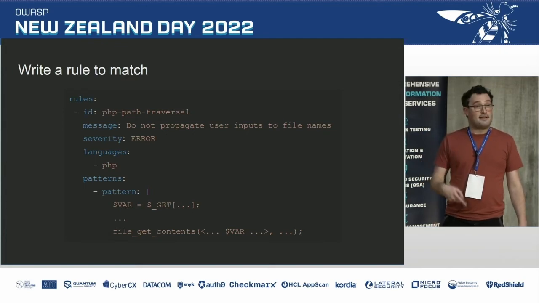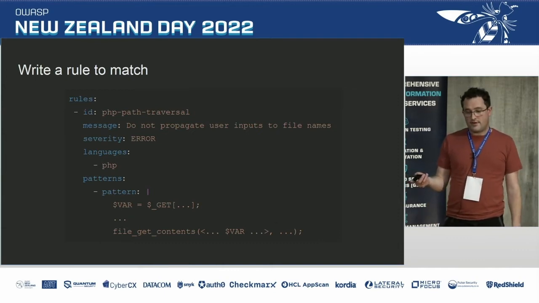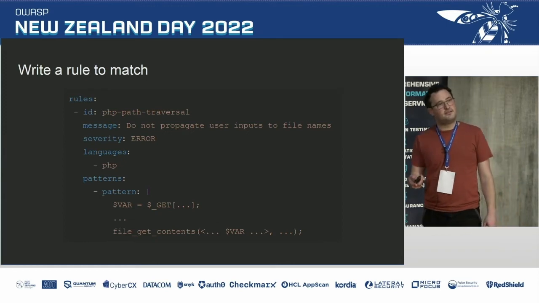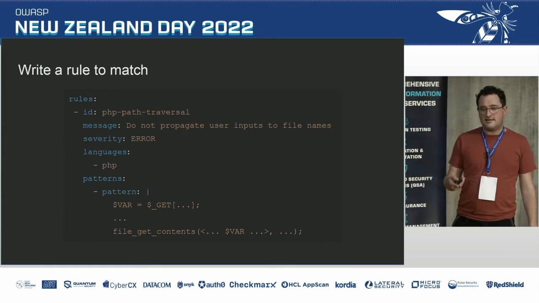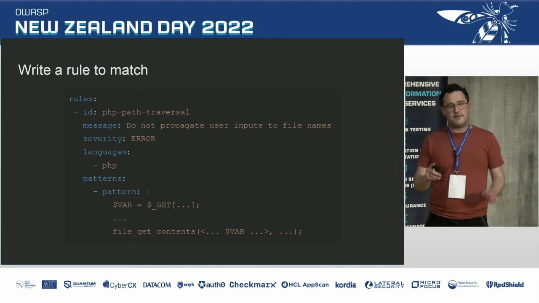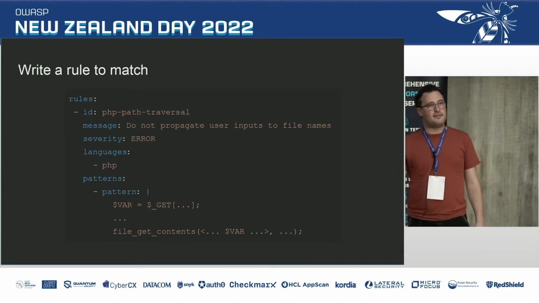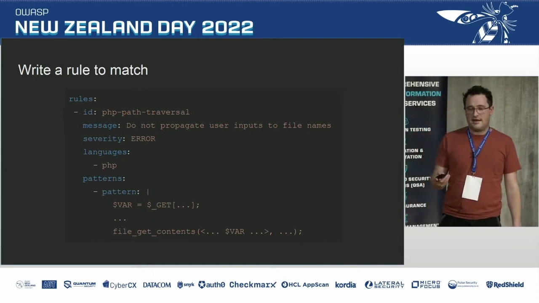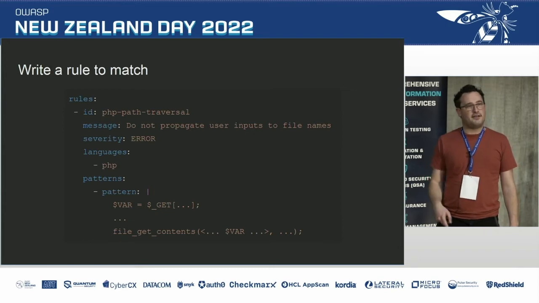Then we've got our pattern that we want to match. We can have one or more things that match, and in this case, we've just got the one. We've got this thing that looks kind of like the code that was vulnerable, but instead of being everything literal, we've got these ellipsis marks in the middle, and that just means I don't care what goes here.